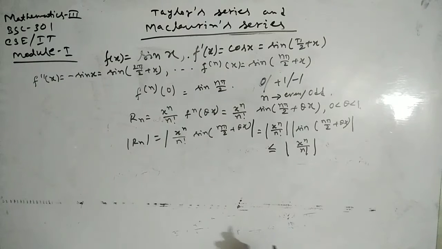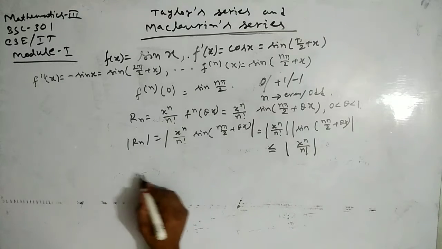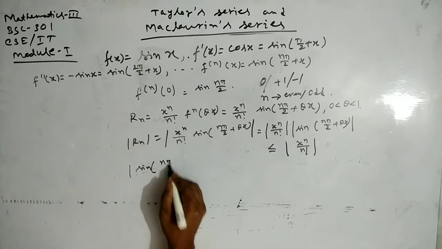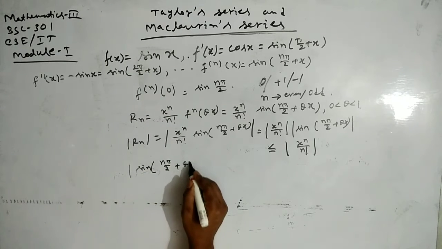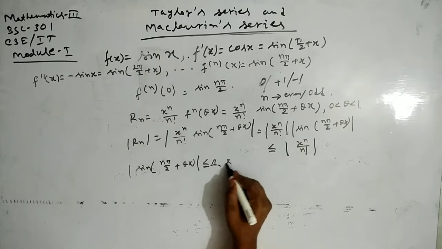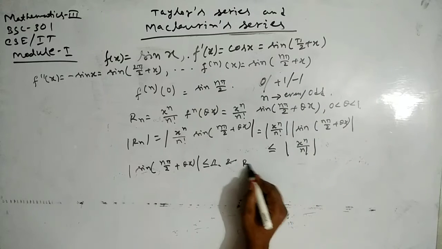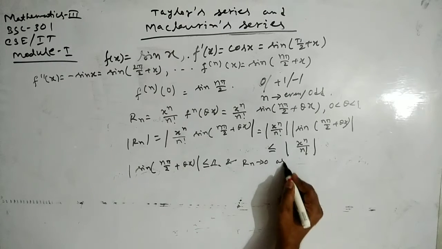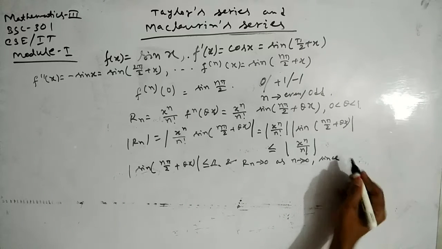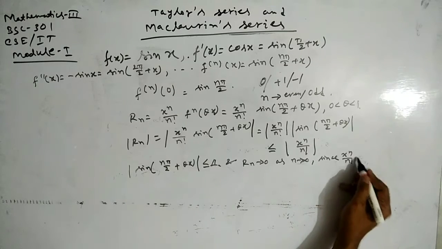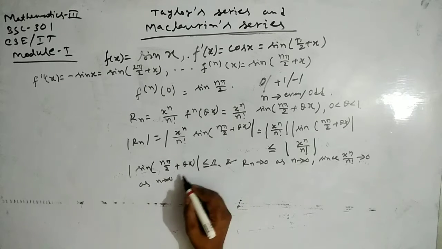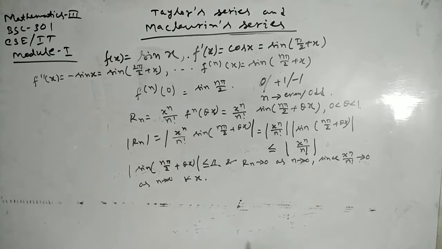Now we have that mod of sin of n pi by 2 plus theta x is less than or equal to 1, and Rn tends to 0 as n tends to infinity, since x to the power n by n factorial tends to 0 as n tends to infinity for all x.